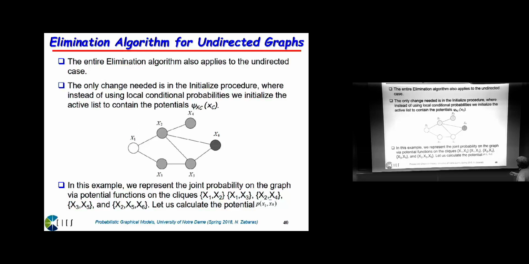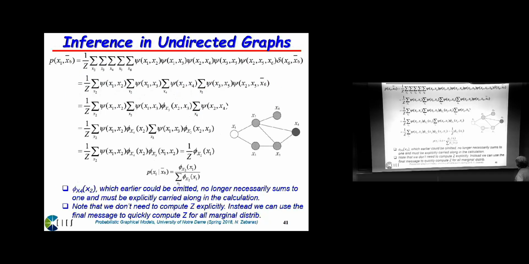So if you're trying to do eliminations on undirected graphs, the algorithm is literally a carbon copy of the algorithm for directed graphs, but it's a little bit less complicated because there are no arrows or anything like that. What I have done on this graph, I took the joint distribution, I wrote it in terms of potentials over maximal cliques, as I just told you, all right? I plug in the evidence, as you see in here, okay?